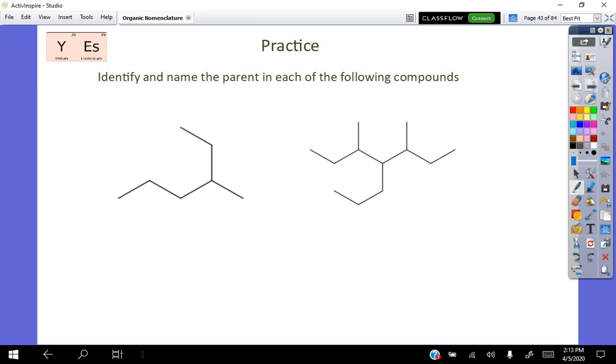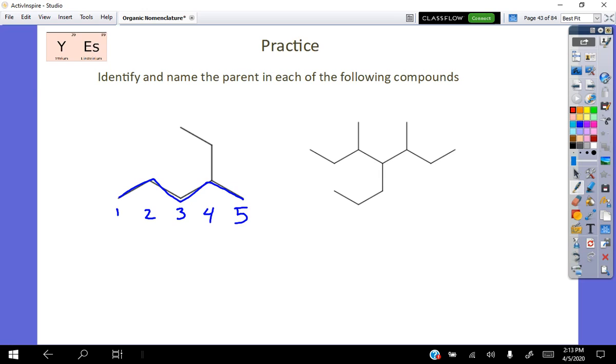So the way we can approach this problem is first to look at the straight chain that naturally occurs as we go across. And we can count that and check to see how many carbons it is. Here I see 1, 2, 3, 4, 5 carbons. Now I have to ask myself, is that the longest possibility?